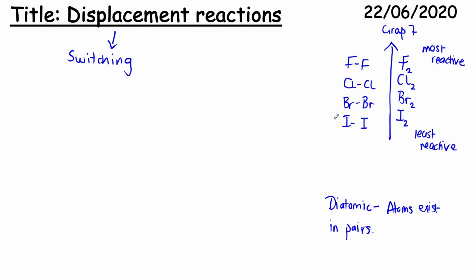So I'm going to leave this on PowerPoint because you'll need to know this as we go through. Displacement means switching, as we've talked about, and it's where two things switch. It's where two halogens switch based on where they appear in their reactivity. And there's a bit of a rule that goes along with the displacement reaction, and I'm going to write it down here, and it's important that you know this as well.